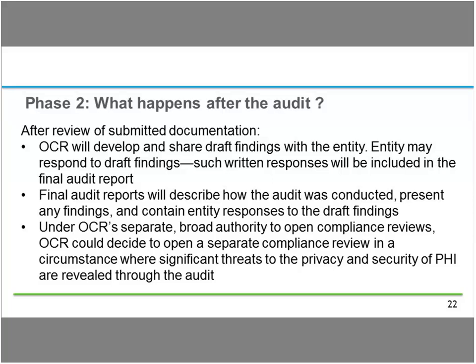So first the draft finding, you will be given time to provide your responses, and then the final audit will be generated by them. And then the final audit will be used for any kind of settlement, whatnot, right? So that's the way it works.